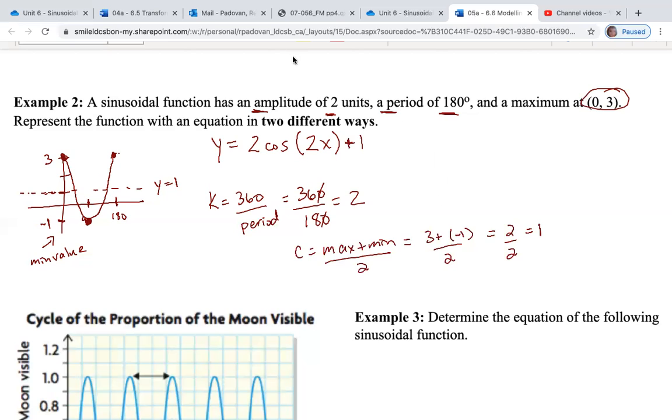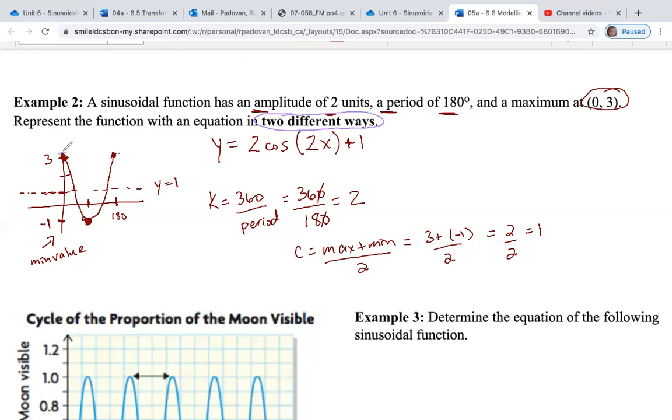So now the question is, how do I do this two different ways? So if I were to shift this graph, because it has a period of 180, if I was to shift the graph left or right a full 180 degrees, right?